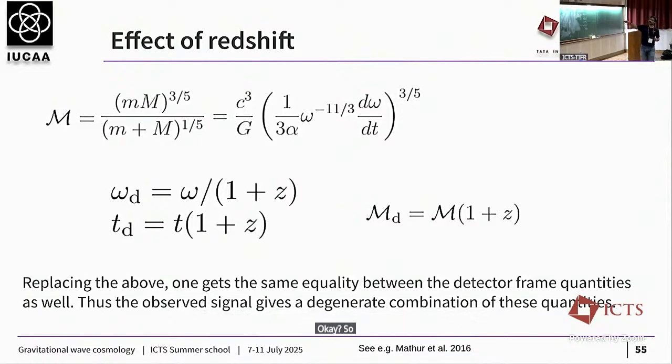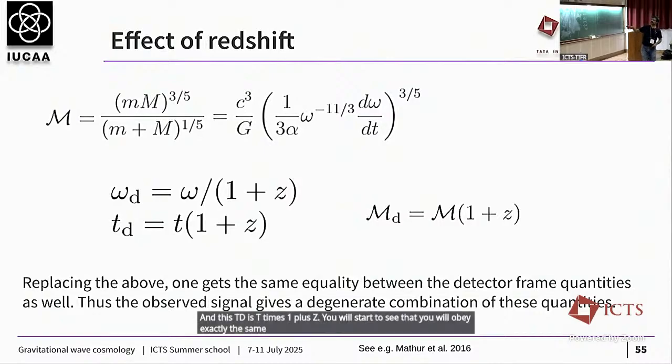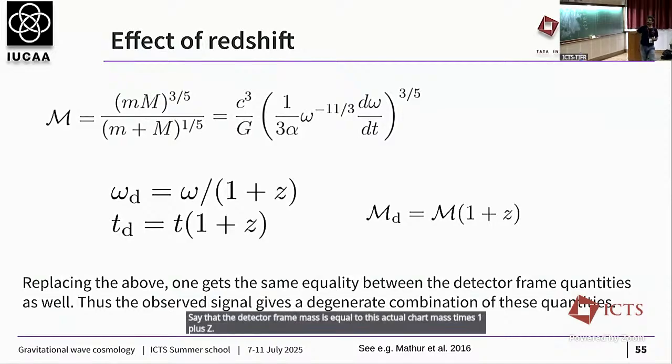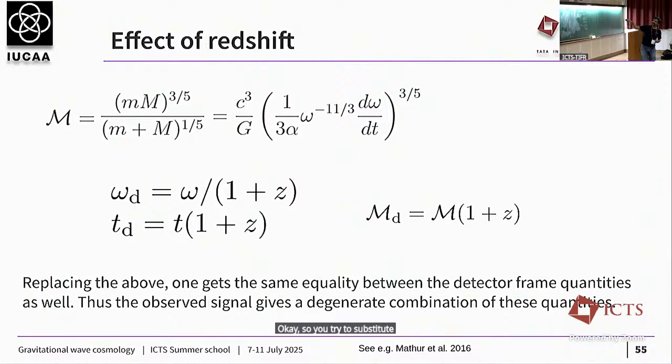So these two things are related. So then what happens if you now substitute omega_d is omega by 1 plus z, and t_d is t times 1 plus z? You will see that you obey exactly the same equation if you say that the detector frame chirp mass is equal to the actual chirp mass times 1 plus z. Okay, so if you try to substitute these things, you will see again an equality.